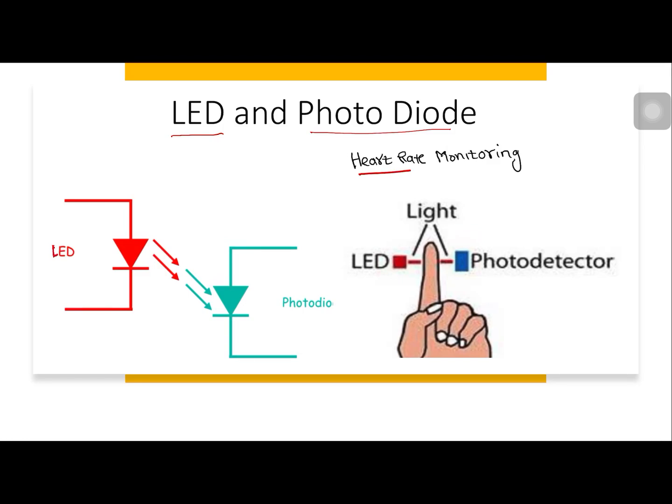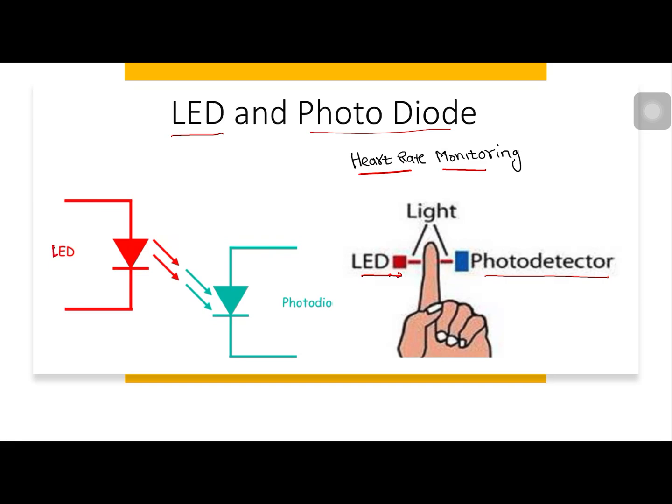Here we see the example of a heart rate monitoring system. It's the basic principle of a heart rate monitoring system where an LED is used to shine light on a human finger, and on the opposite side of the finger we place a photodetector.